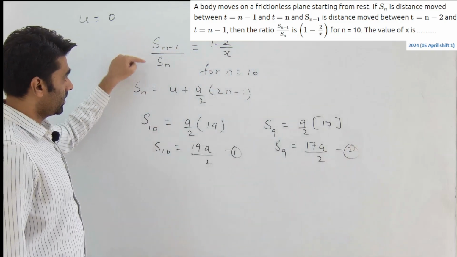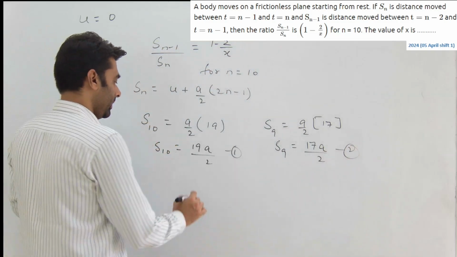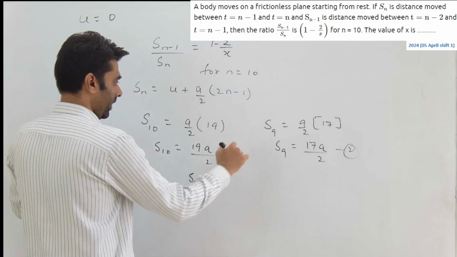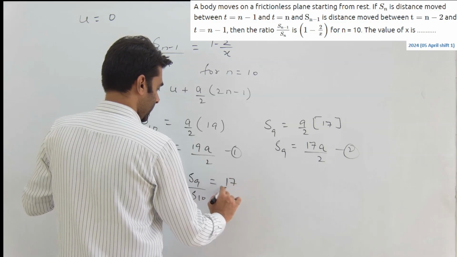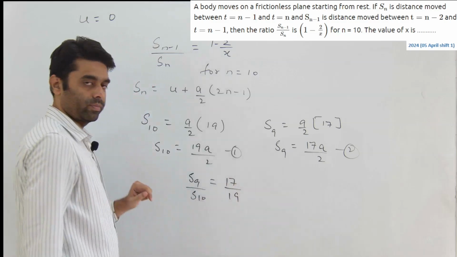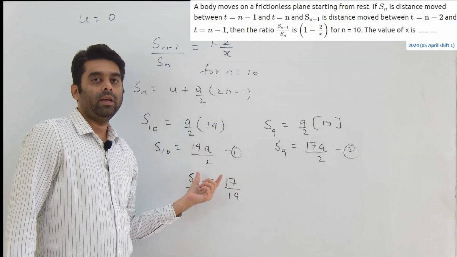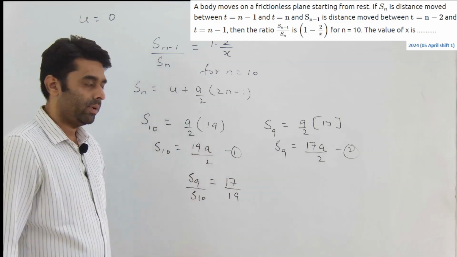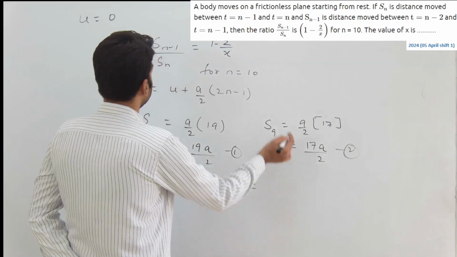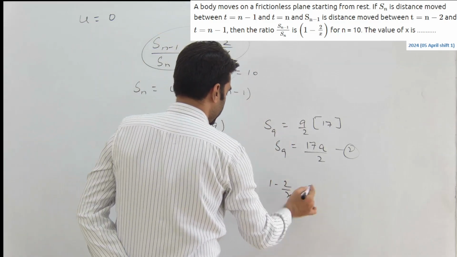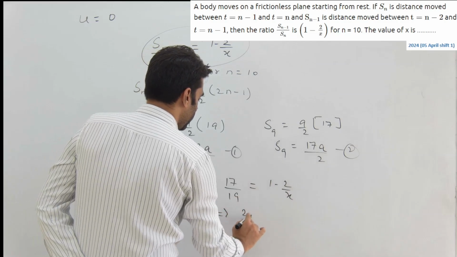Fine. Let us take the ratio S9 by S10. When we take the ratio, we get 17 by 19. I hope it's okay. 17a by 2 over 19a by 2, we will get 17 by 19. This is given to us in the question as 1 minus 2 by x.